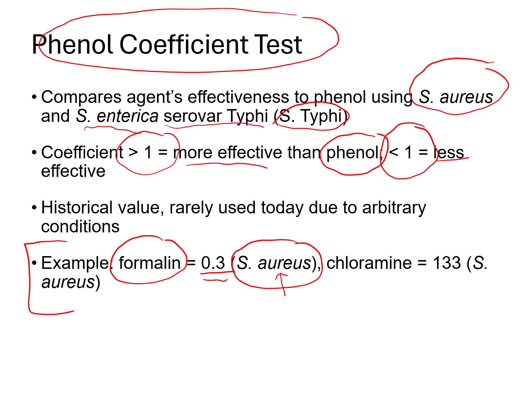That tells us it's less effective than phenol. Whereas the chemical chloramine has a coefficient of 133, showing that it's far stronger than phenol at killing S. aureus. And although the test is rarely used today due to arbitrary conditions, it's historically important for standardizing disinfectant testing.